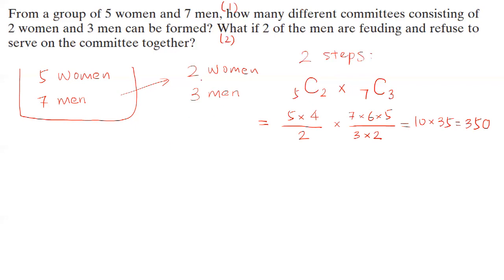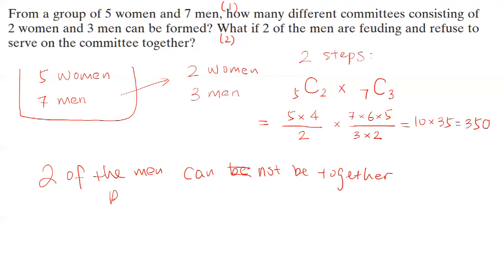Second task, you also want to choose 2 women and 3 men from 5 women and 7 men, but with a restriction that 2 of the men cannot be together. Okay, this is your restriction.